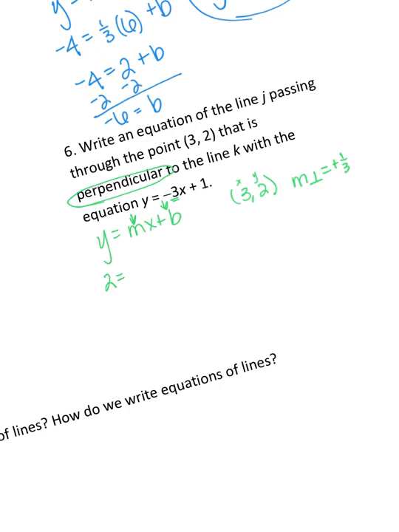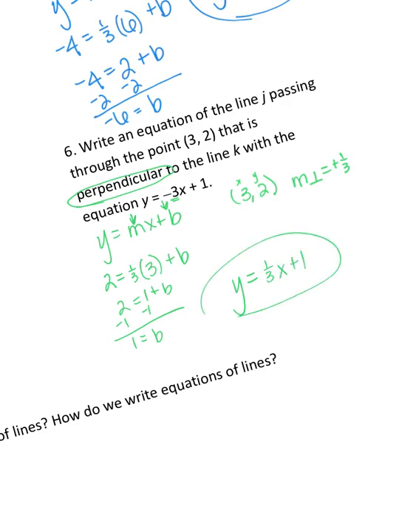That's equal to 1/3 for the slope times 3 plus b. 1/3 of 3 is 1. We'll subtract 1 from both sides. We get 1 is equal to b. The equation of our line that's perpendicular to the given line is y equals 1/3 x plus 1.